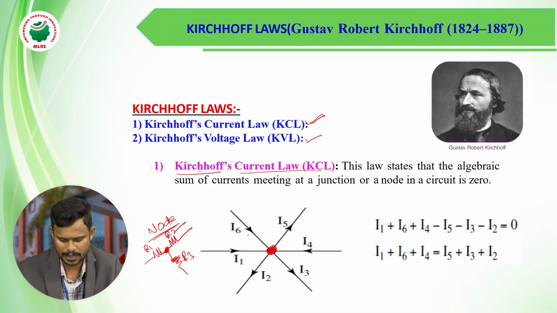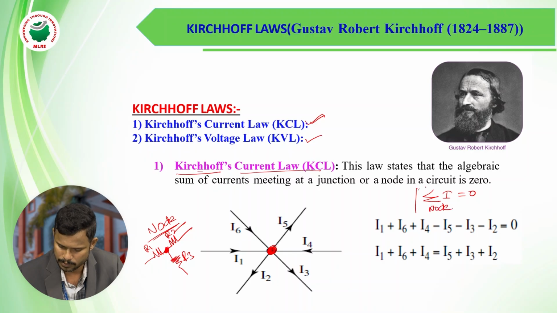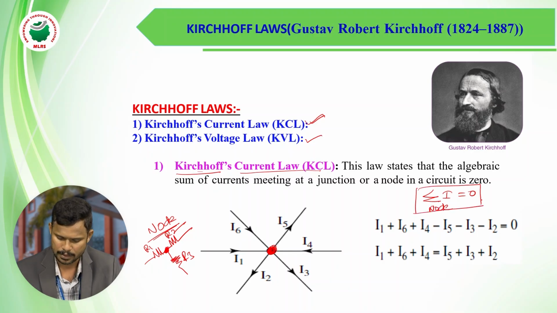For this node, incoming currents are equal to outgoing currents. According to KCL, we can write the mathematical expression: the algebraic sum of the currents at a particular node is equal to 0. For this diagram, I1 is incoming, so we represent it with plus I1.